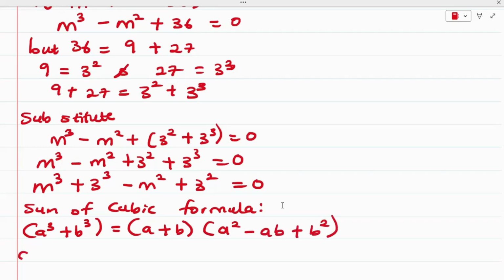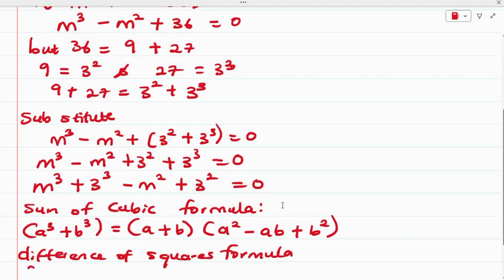And we also apply the difference of square formula. The difference of square formula is given as a squared minus b squared, and this is equals to a minus b into a plus b.